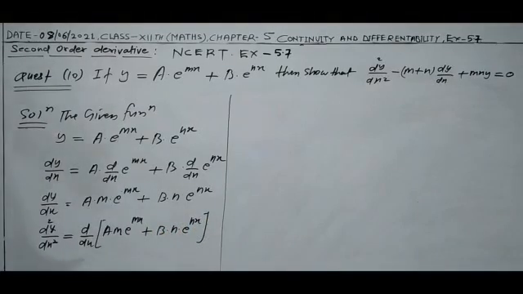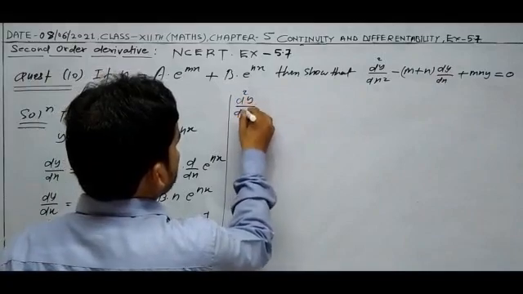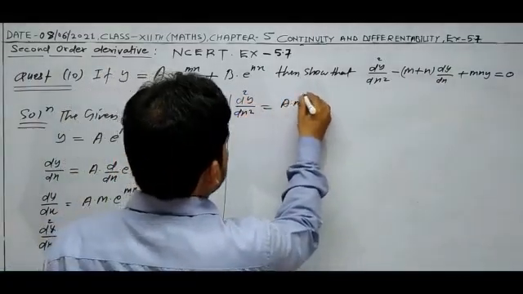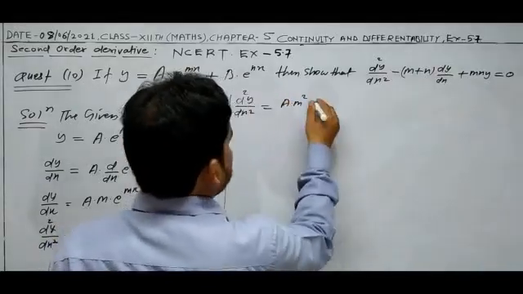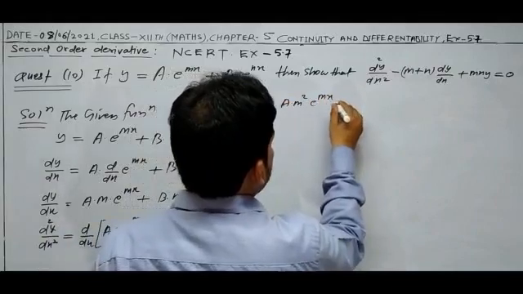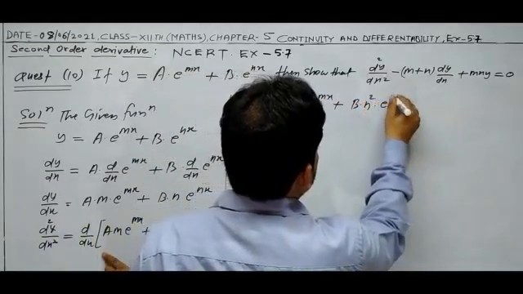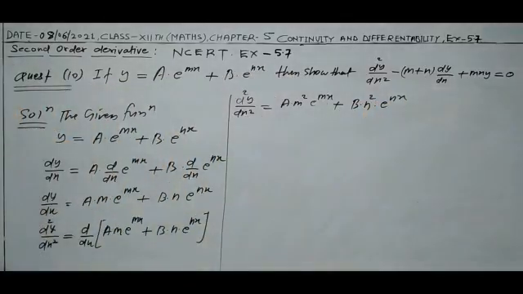So the result of d2y by dx2 will be a times m square e to the power mx plus b times n square e to the power nx. This is the value of d2y by dx2.